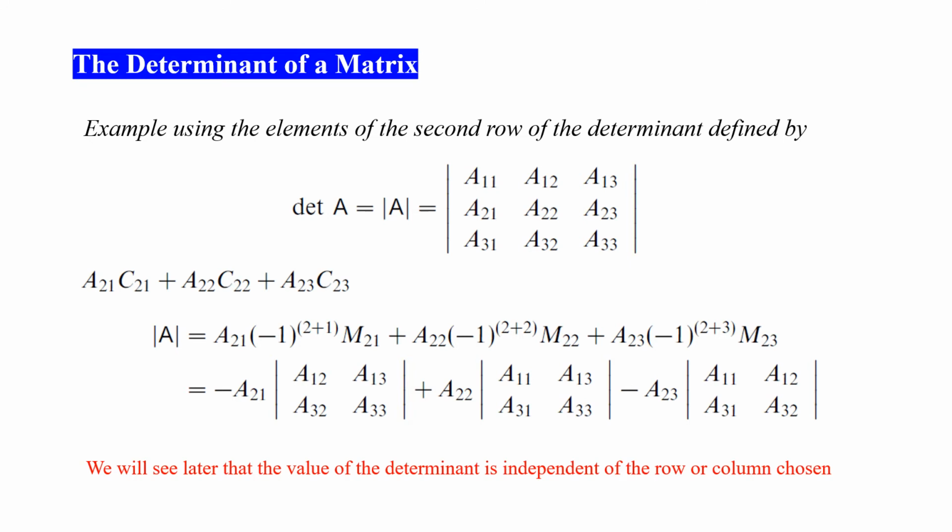So let's have an example in finding the determinant, using the elements of the second row of the determinant defined by your determinant of A. We now have this one here. Remember that if you have these two parallel lines, the absolute value symbol, what we are referring to is the determinant.